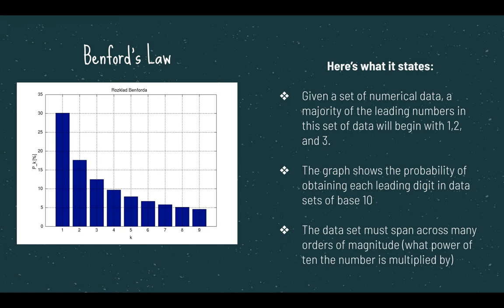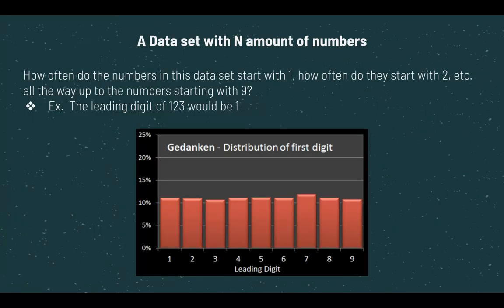Okay, so what it states is that given a set of numerical data, and there are a few catches, I'll talk about them later, a majority of the leading numbers in the set of data will begin with 1, 2, and 3. So it's completely different than the graph we had right here, where there's a 1/9 chance of each leading digit appearing.